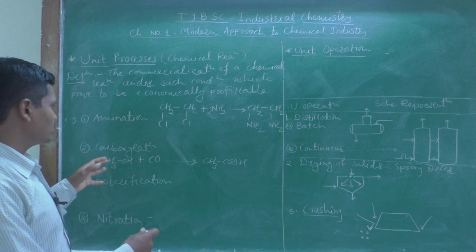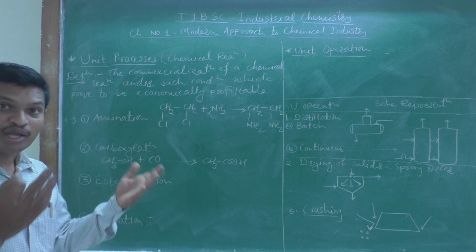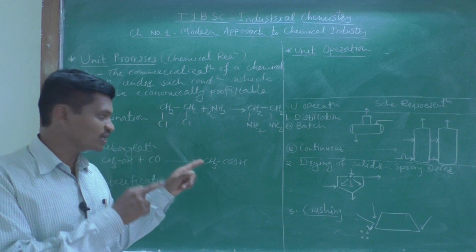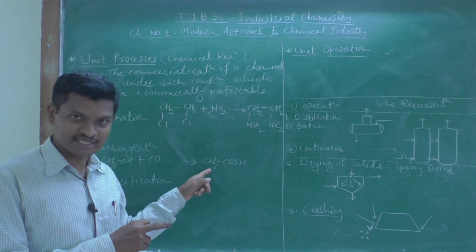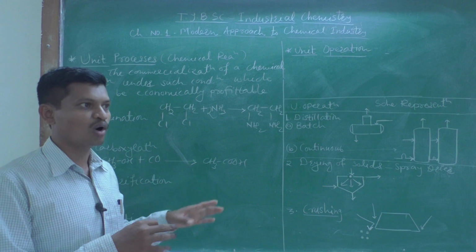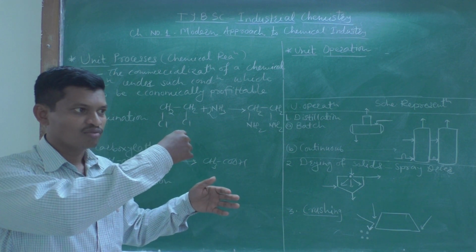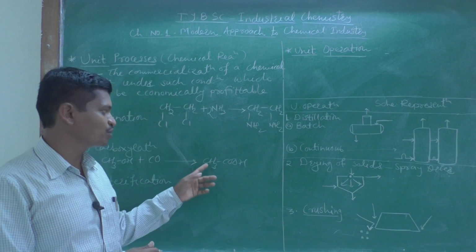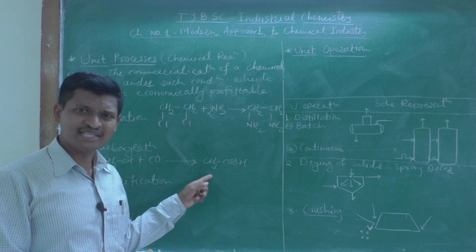Okay, so there may be a number of methods for the preparation of acetic acid in the world, or we can write 5 to 6 reactions for its preparation.